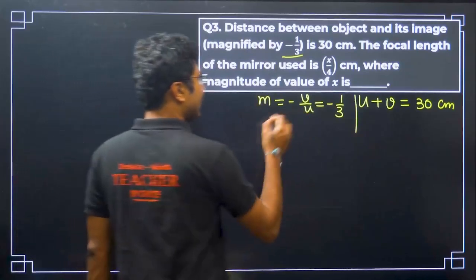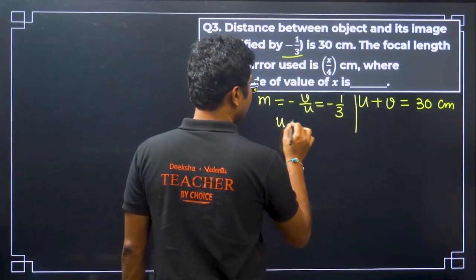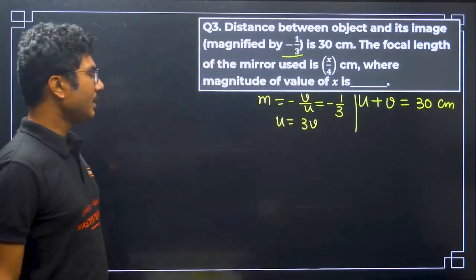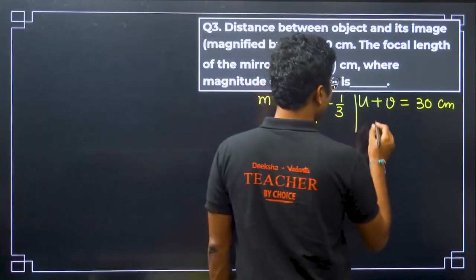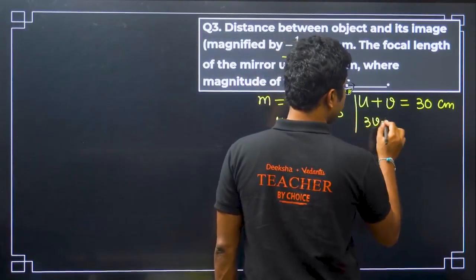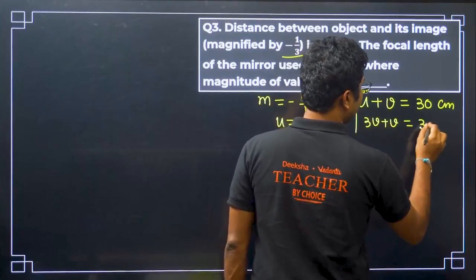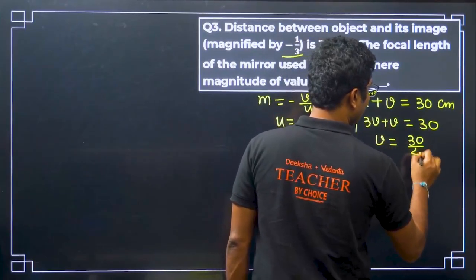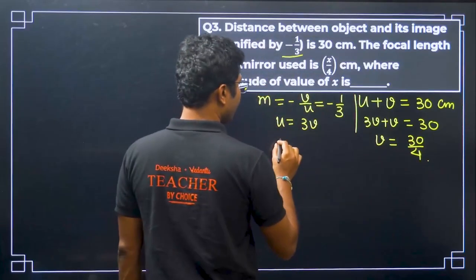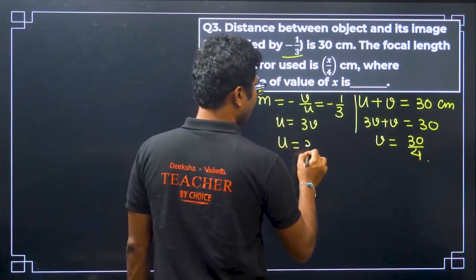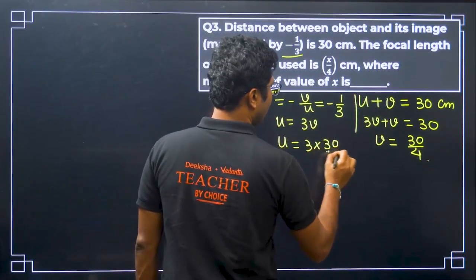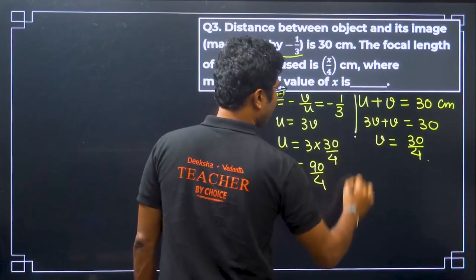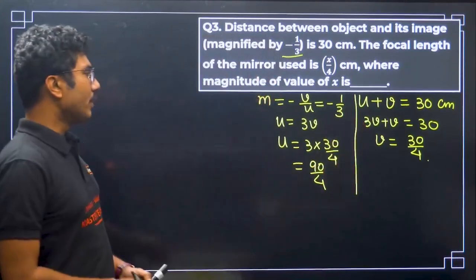So the minus cancels, you get u equals 3v. Put that value over here. So 3v plus v equals 30, or v equals 30 by 4. So v is 30 by 4, which means u will be 3 into 30 by 4, that is 90 by 4. Okay, so we calculated u and v.